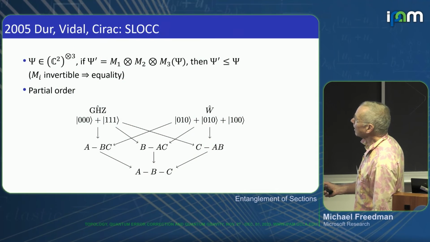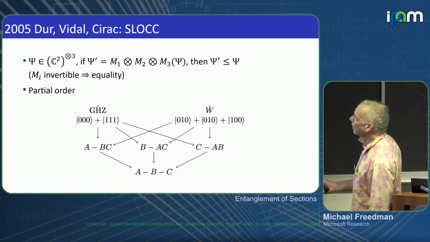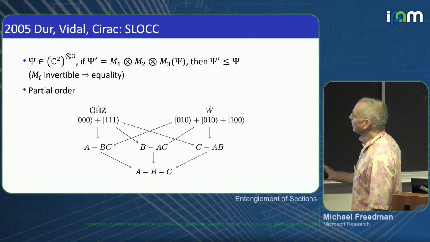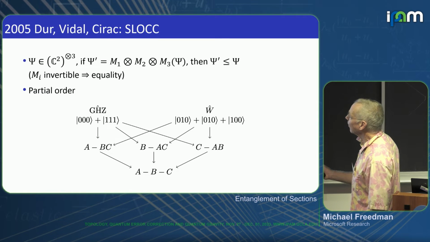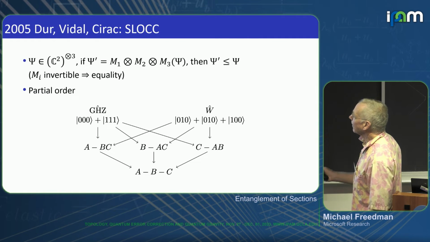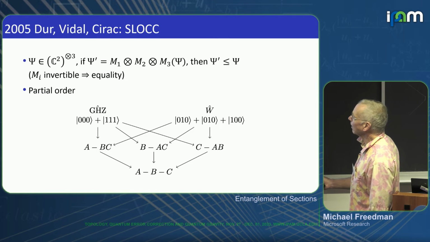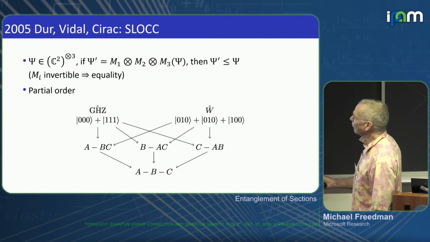which is that a state in the threefold tensor product. Now I'm going to an example. I'm taking the threefold tensor product of just the simplest thing, a qubit, and we'll have another state, and we say that this state is less than or equal to the original state if these matrices are invertible. So the point is, let's say equal first.